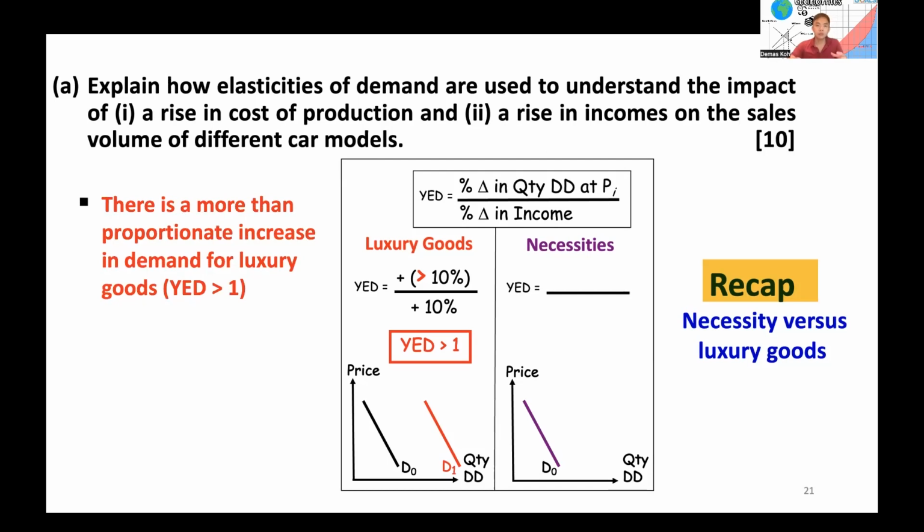So a more accurate description is that there is a more than proportionate increase in demand for luxury goods to the rise in incomes.